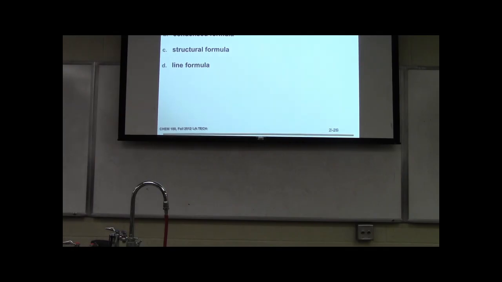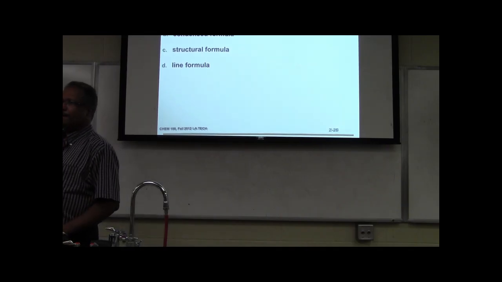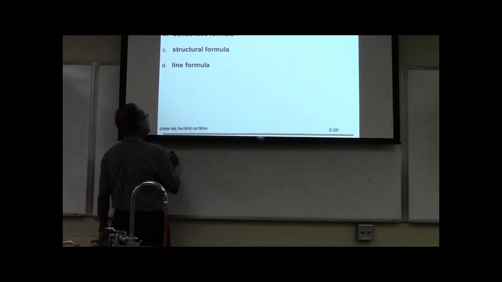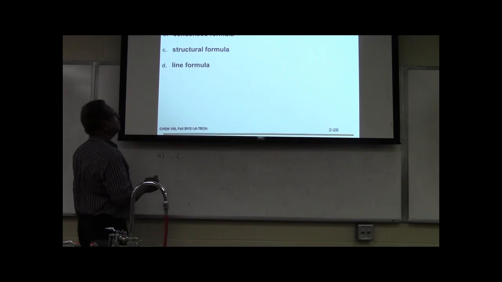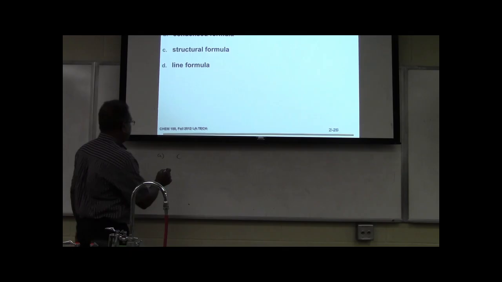Okay, given the condensed formula, okay? What is the molecular formula? How do you get a molecular formula? Molecular formula gives what? Type of elements, right? And how many of each one is there? How many types of elements are there? Of course, carbon is there, right? How many of carbon? 1, 2, 3.